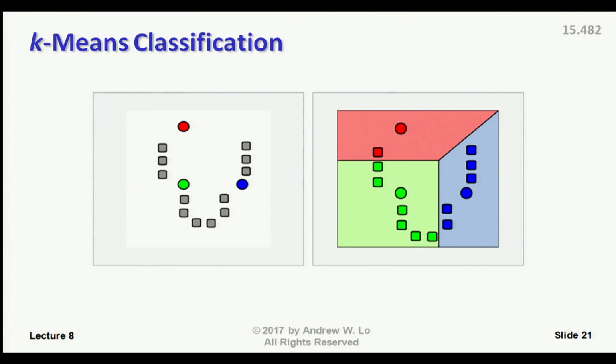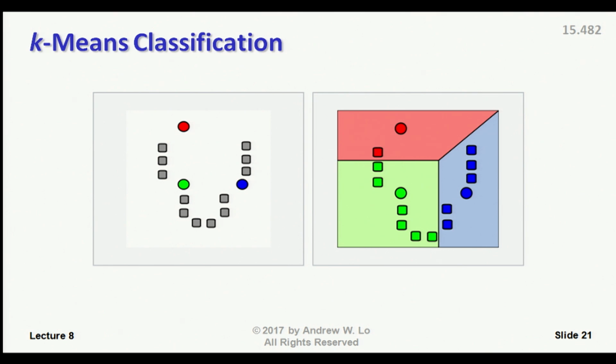Now, if I have these values for the red, green, and blue, I can come up with a classification of all of the objects. And my rule is this. I'm going to calculate the distance between one of these objects and each of the dots. And I'm going to call this gray dot either red, green, or blue, depending on which dot it's closest to, just in terms of distance.